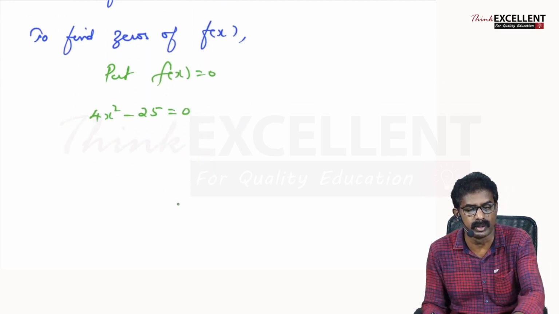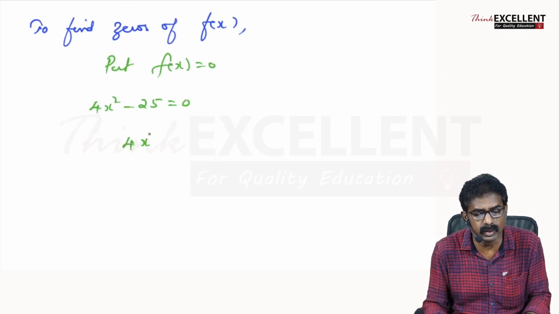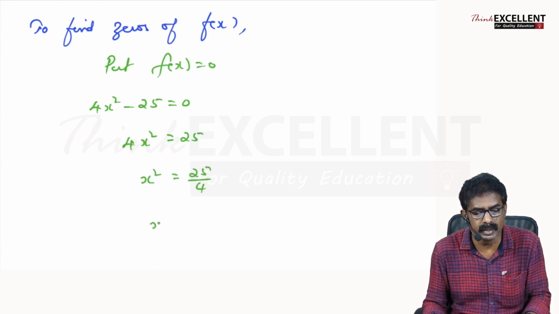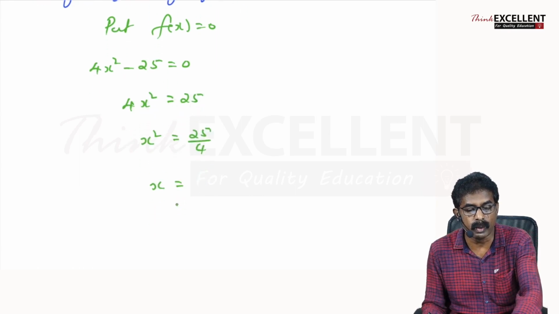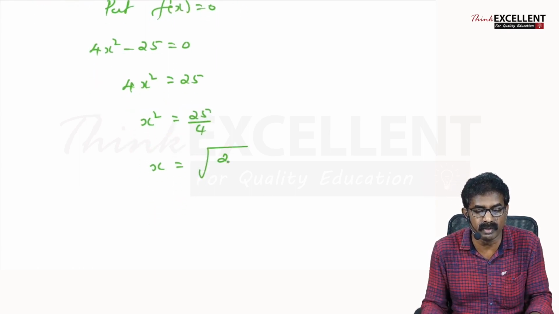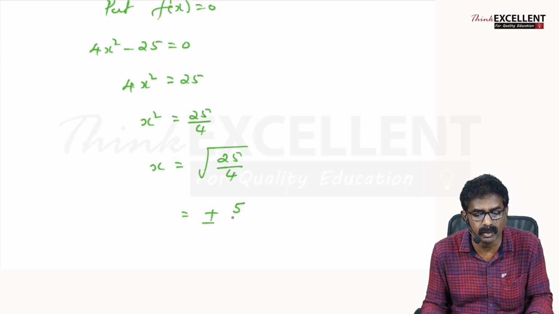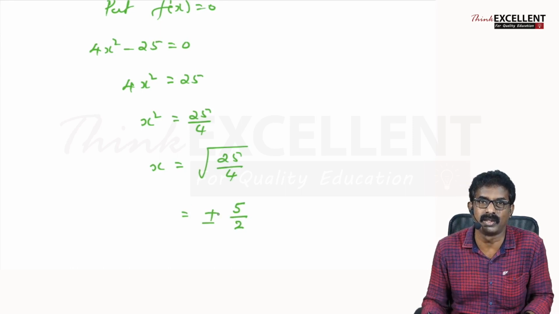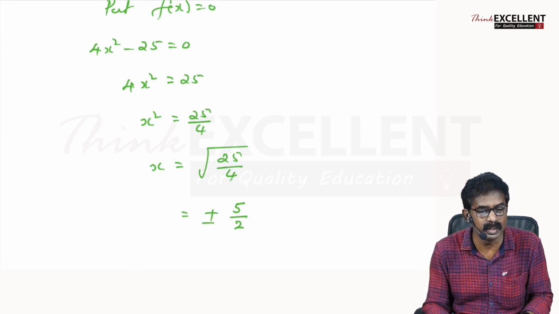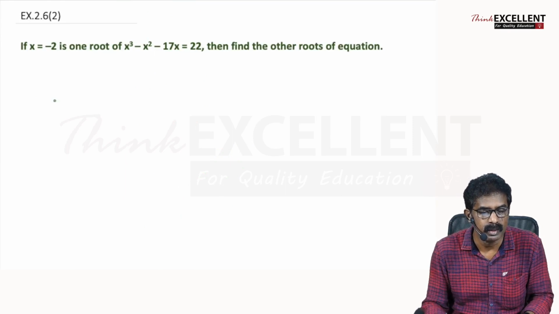Very simple calculation. 4x square is equal to 25. x square is equal to 25 by 4. So x is equal to the square root of 25 by 4. Since square root is there, you write plus or minus. 25 square root 5, 4 square root is 2. Don't put any i here because there is no negative sign. Okay, so that's your answer.